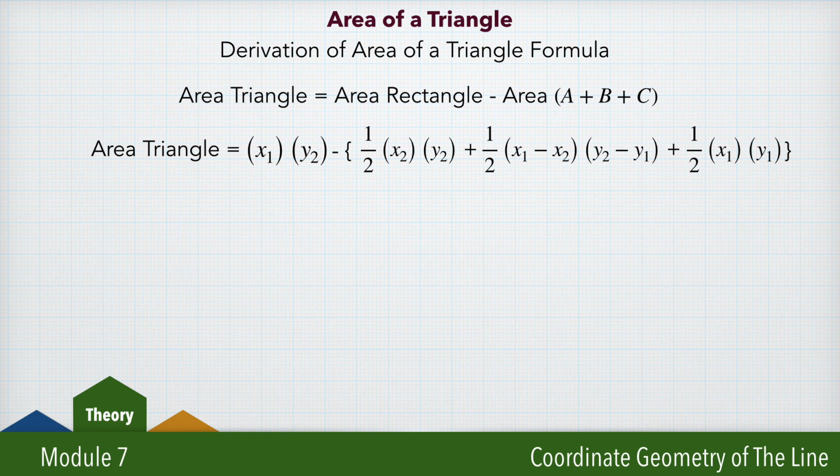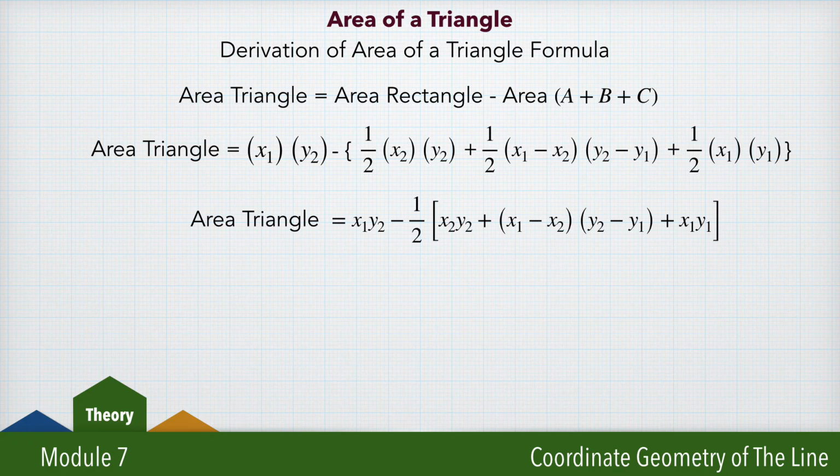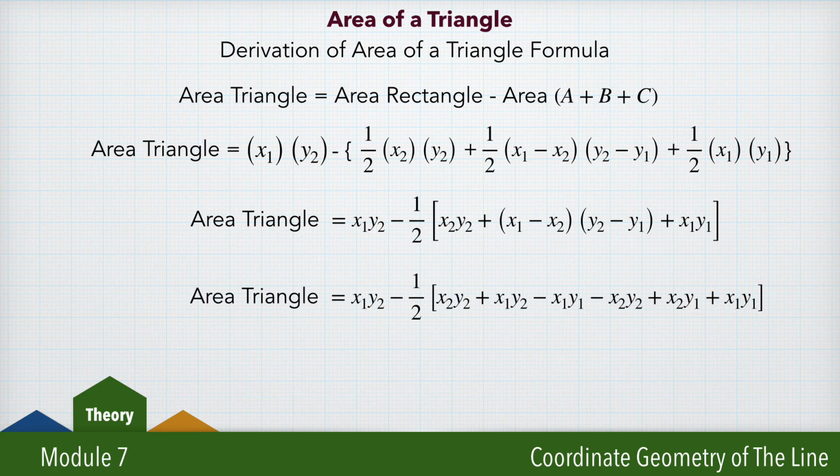We can now substitute these values into our area of the triangle equation. To simplify, we will take the half out as a highest common factor. This will enable us to simplify within the brackets and tidy up our equation by combining like terms.